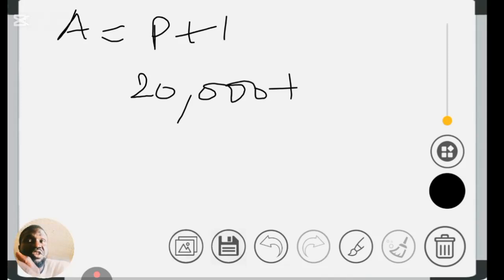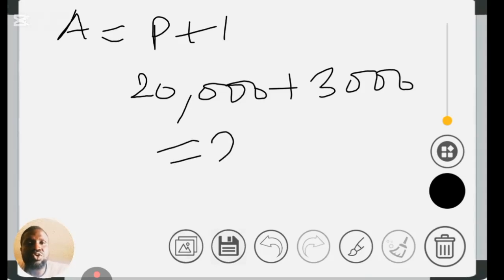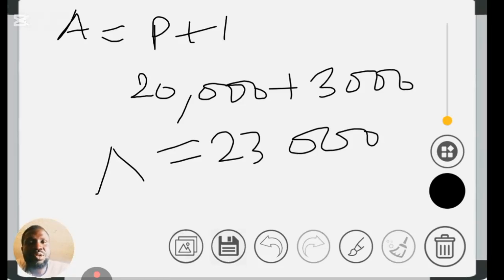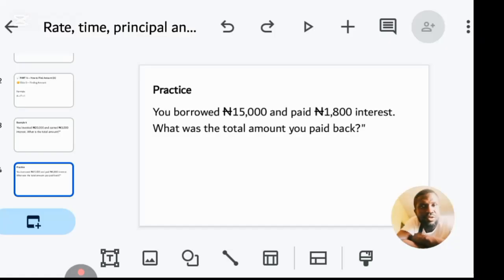The question says you earned 3,000 naira interest. So the interest is 3,000 naira. So you add the 20,000 naira to the 3,000 naira. You get what? 23,000 naira. Therefore, our amount is 23,000 naira. This time, let's solve this and type our answer in the comment section below.